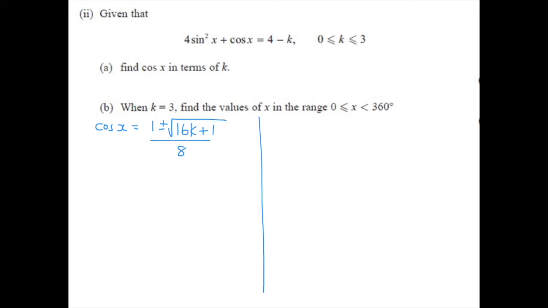For Part A, we already worked out that cos of x is equal to 1 plus or minus root 16k plus 1 all divided by 8. And we're being told now that k equals 3.